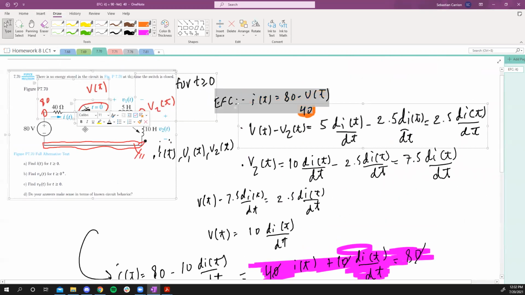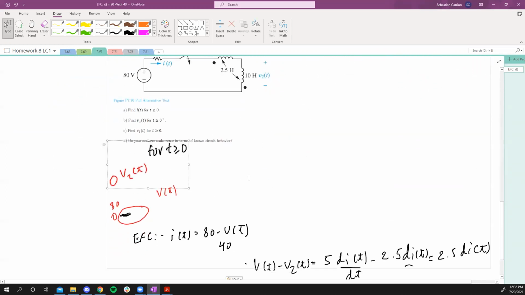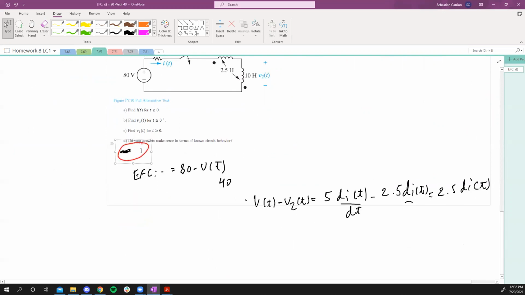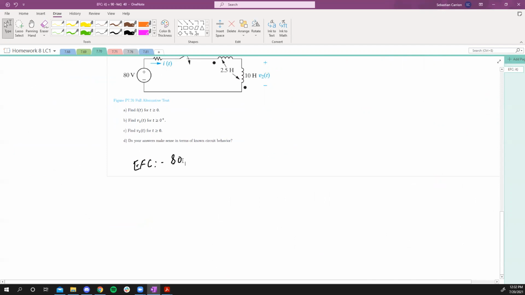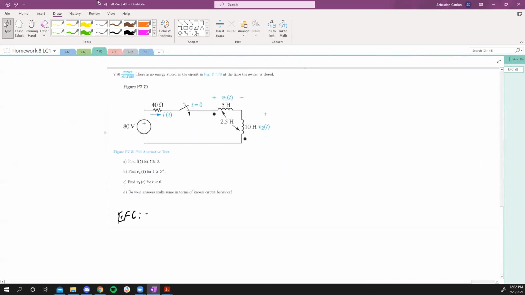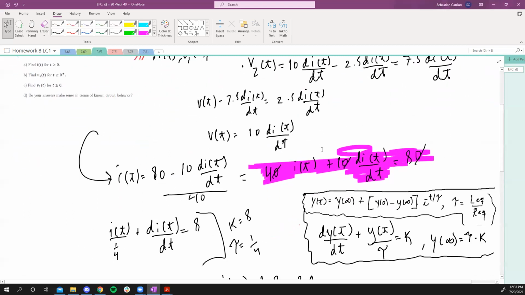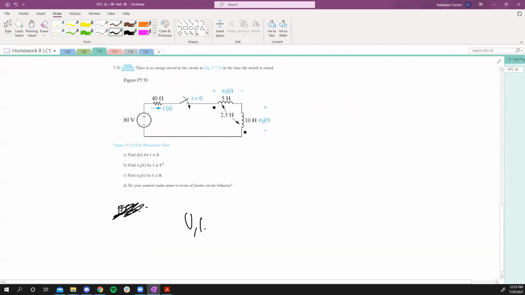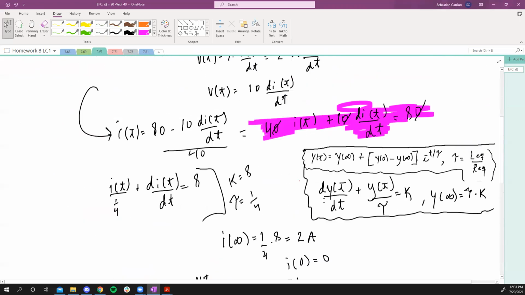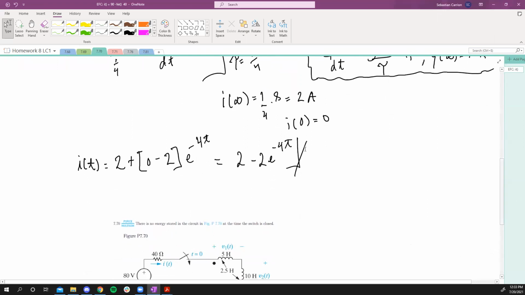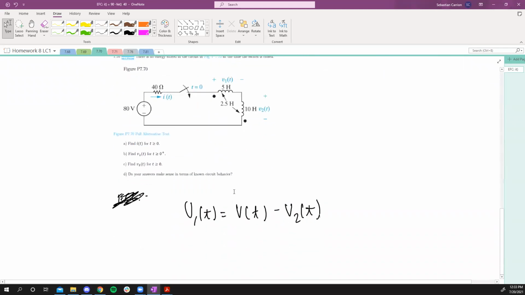Now what we want to do is find our v1. So we know v1(t) is going to be equal to v(t) minus v2(t), right? Essentially we want to solve for v1(t).